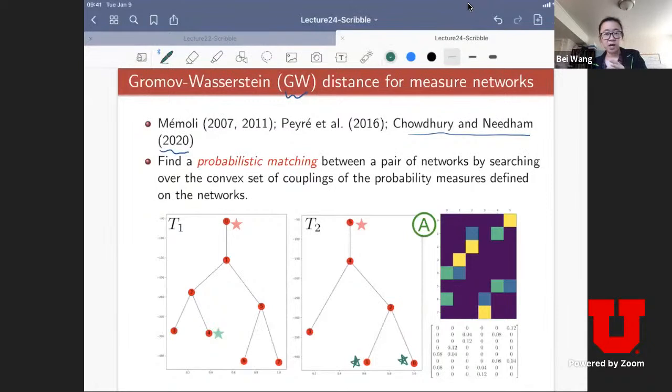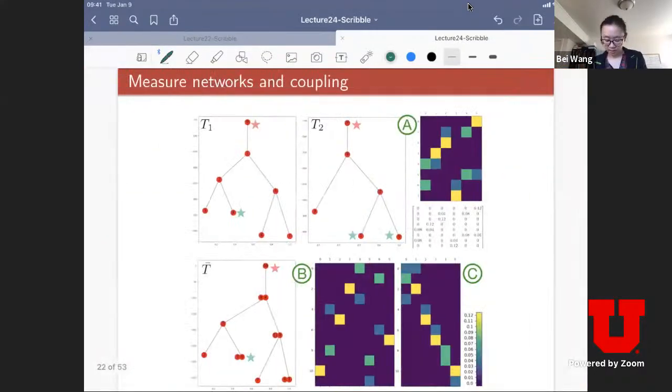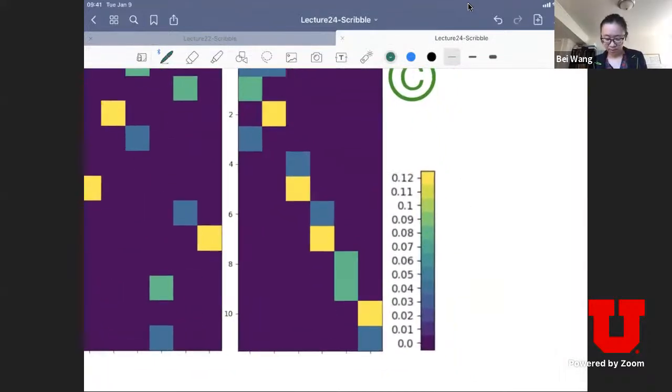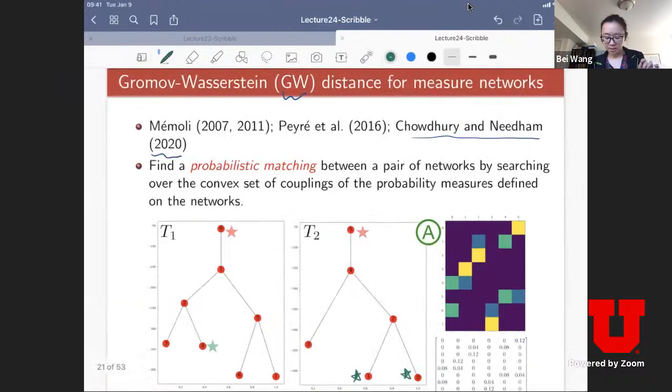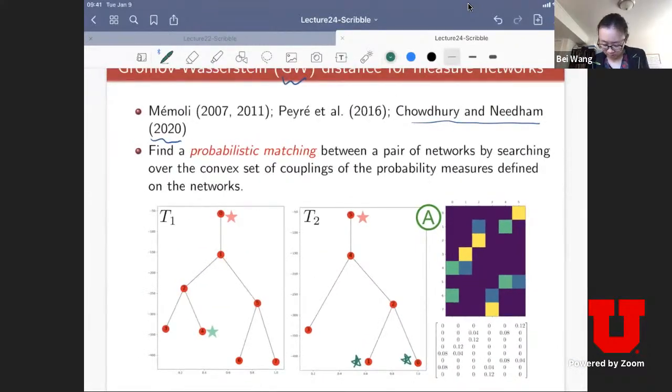What you see on the right, through the GW framework, is one of those matchings. The color yellow corresponds to high probability and blue corresponds to 0 probability. The color map is right here, going from 0 up to 0.12. Each row corresponds to a node from the first tree, and each column corresponds to a node from the second tree.